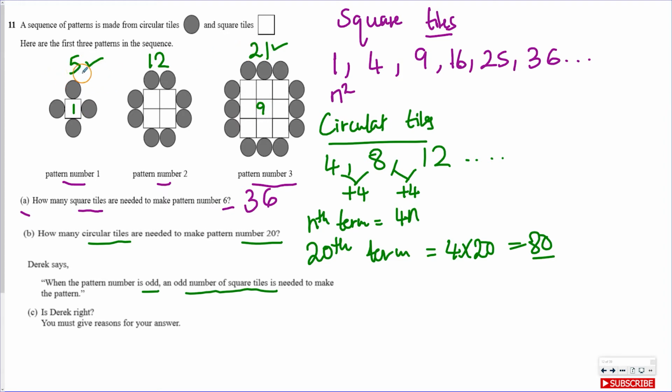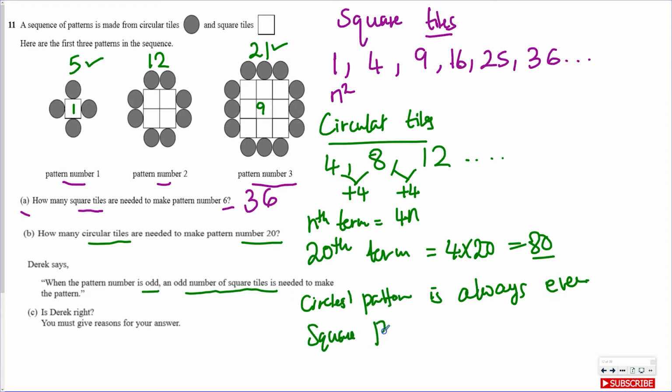The reason for that is that the circle pattern is always going to be even, but the square pattern is n squared.